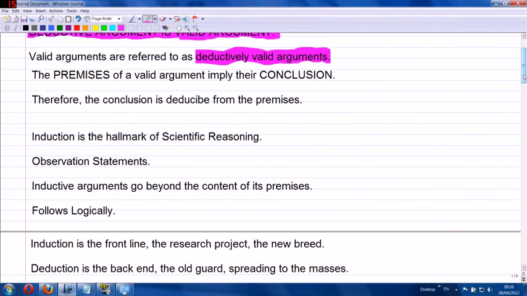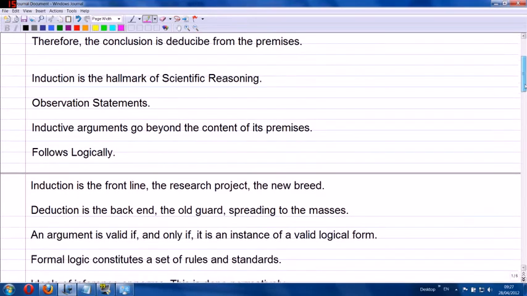Inductive arguments go beyond the content of their premises. Unless it's the perfect experiment with all the perfect characteristics, an inductive argument is making a leap, isn't it? It's the scientific leap of discovery. But still, it follows logically. You're not just making up whatever you want, are you?